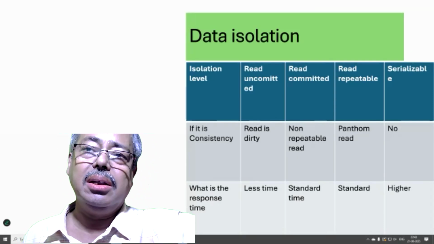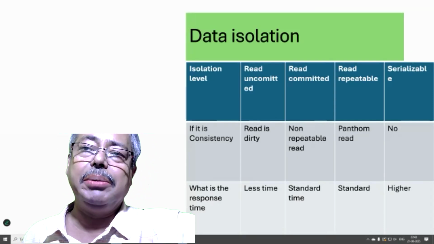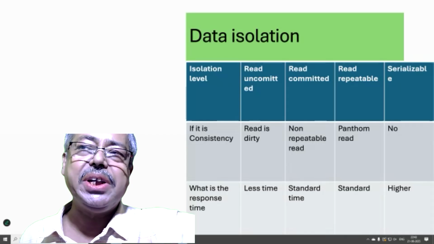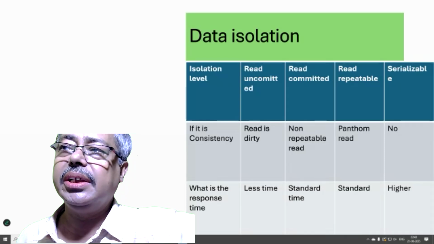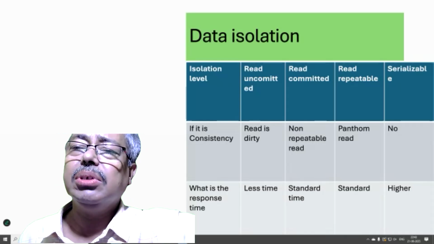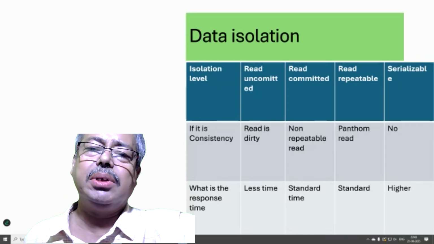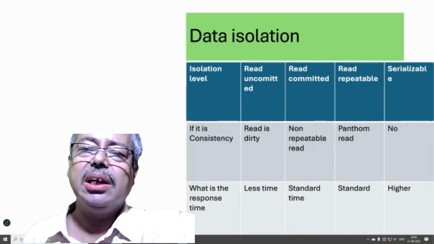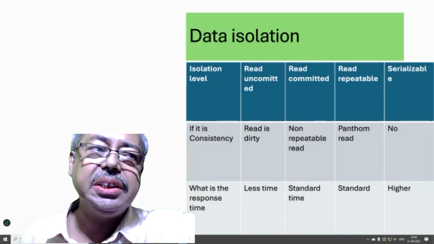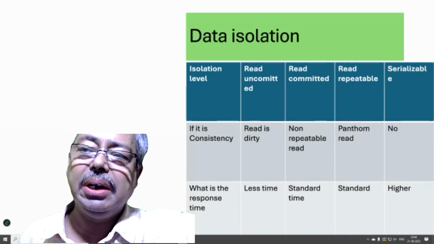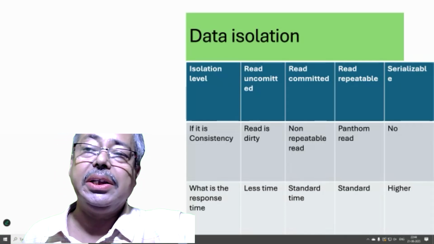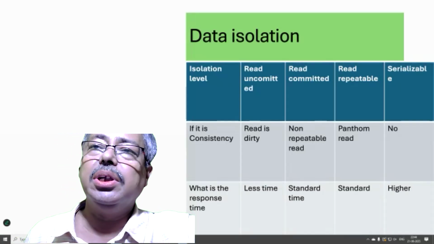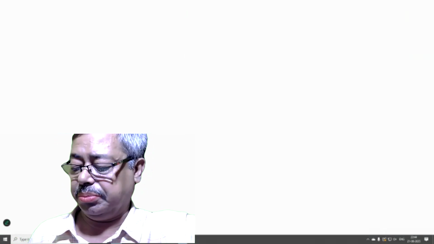The isolation level column-wise defined: read uncommitted, read committed, repeatable read, and serializable. So in every position, I show you what the data position is, whether the read is dirty or not, whether the read is repeatable or non-repeatable. So this is the figure for your requirement.